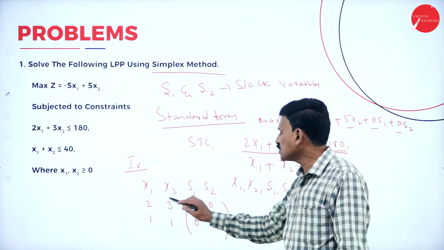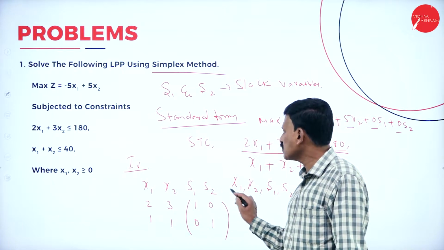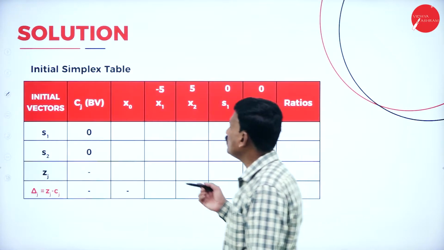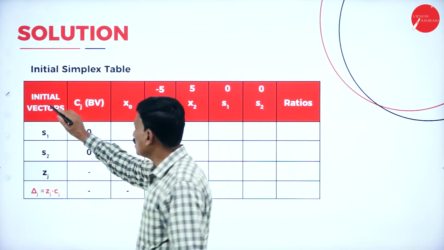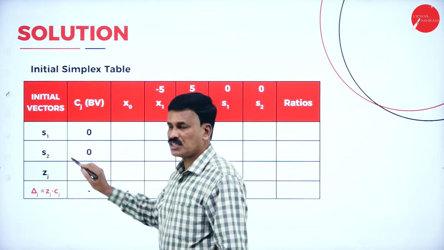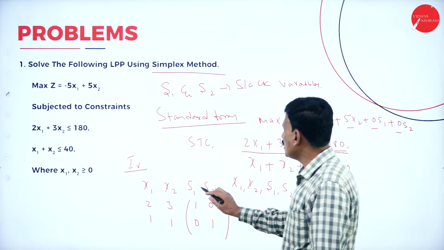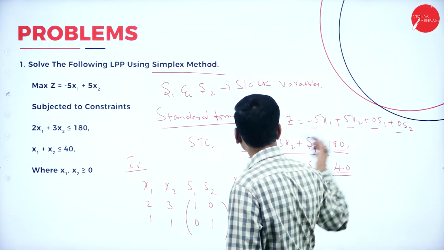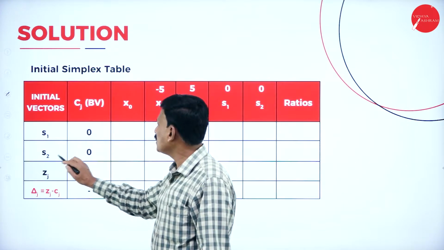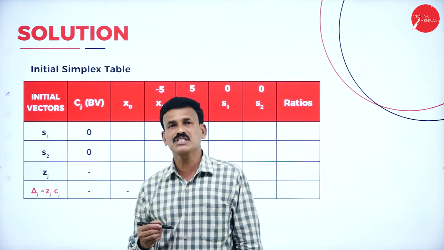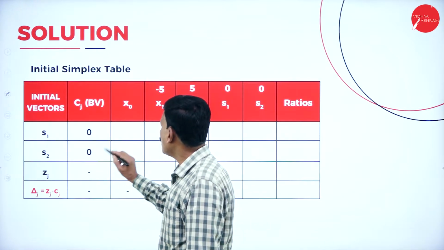Now the first initial simplex table will be like this. The initial vectors are S1 and S2. The initial cost of S1 and S2 are 0 and 0.